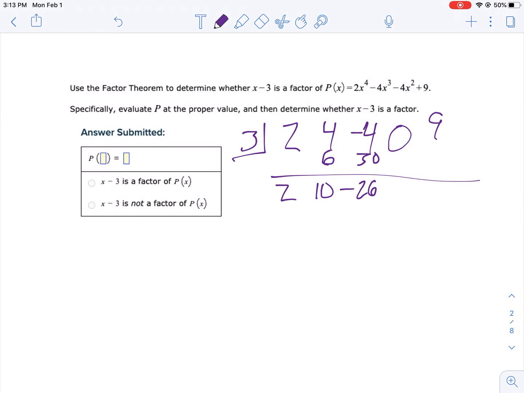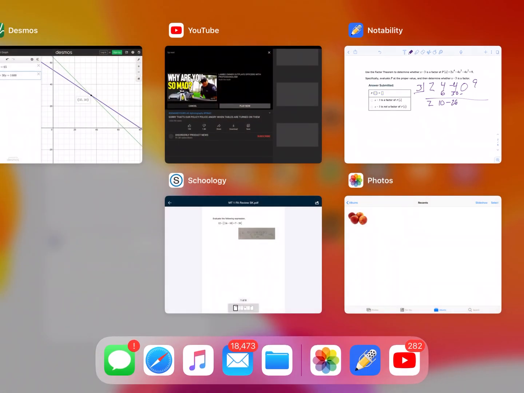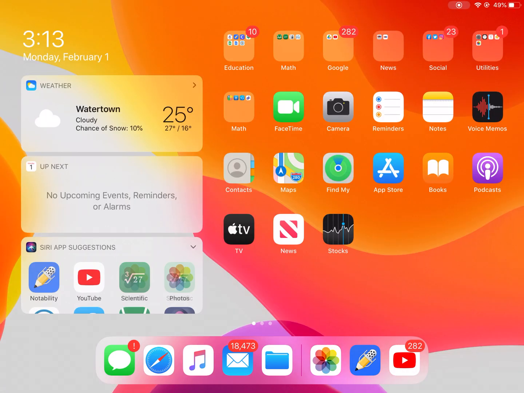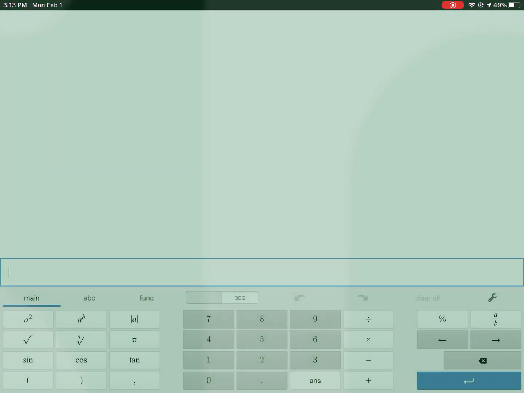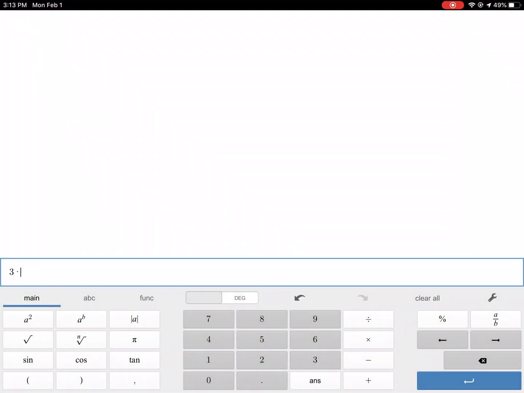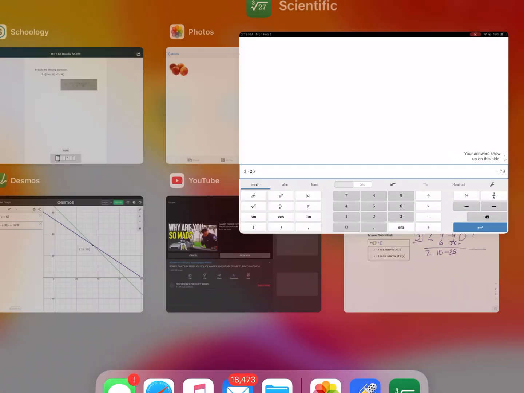And then 3 times negative 26 would be what? Let's use a calculator. Looks like I lost my calculator. 3 times 26, for some reason my mind wants to say 72, but I don't think that's right. 78, there we go.